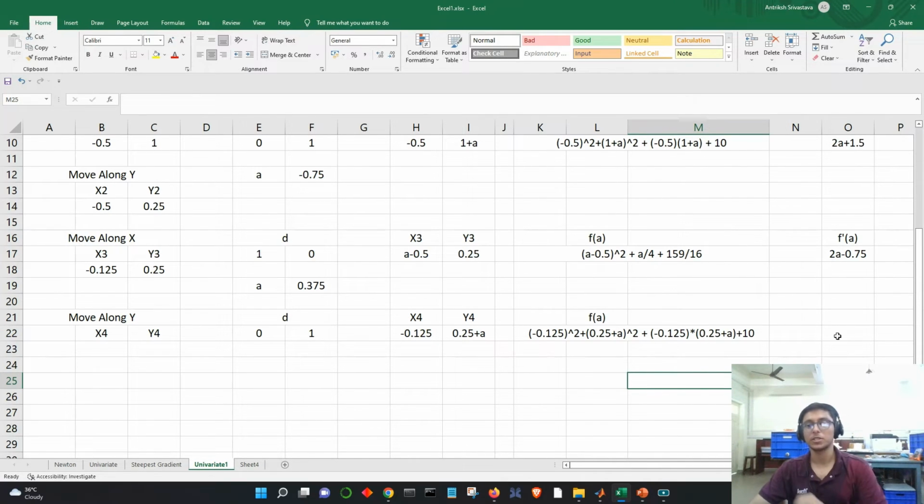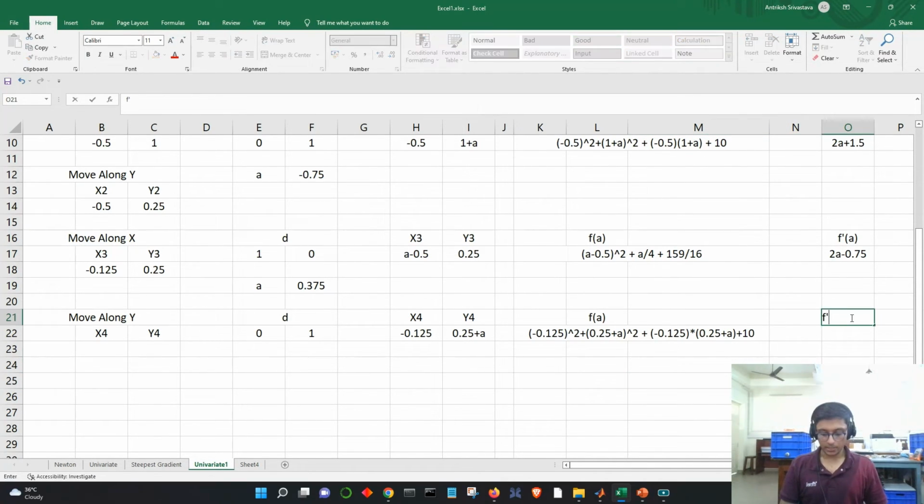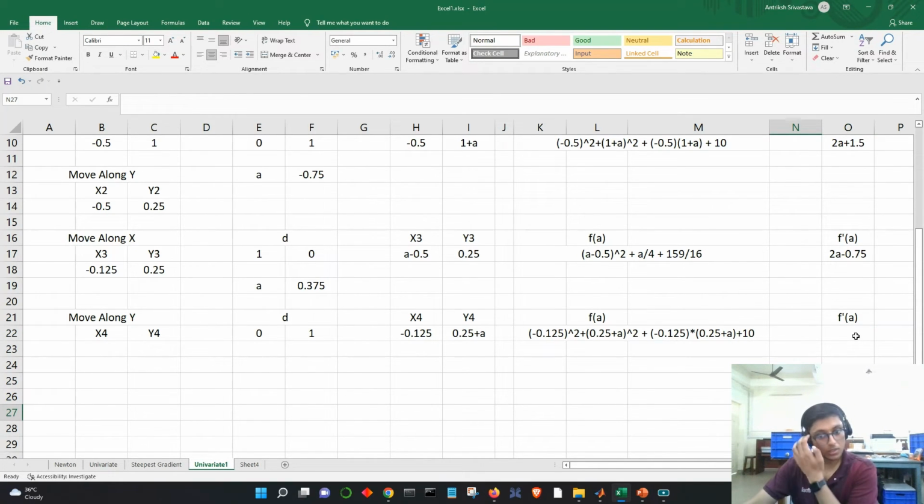Yeah, so this will be the function, and the differential. So if I differentiate it, we will have 2 times this, and yeah. So let me just do this, and meanwhile, Manohar, if you solve it, you can tell me the value of a, and we'll cross verify if we get the same value.